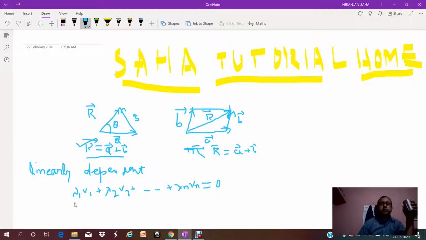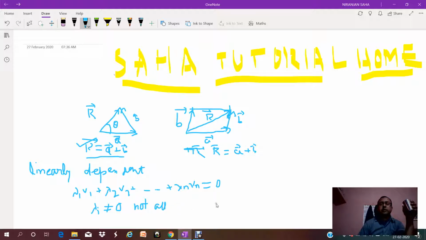If the lambdas are not all equal to 0, then we say that the set of vectors is linearly dependent.